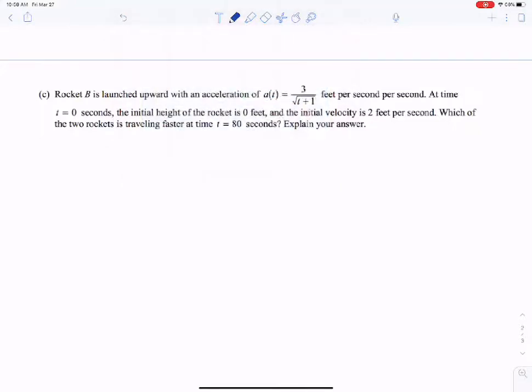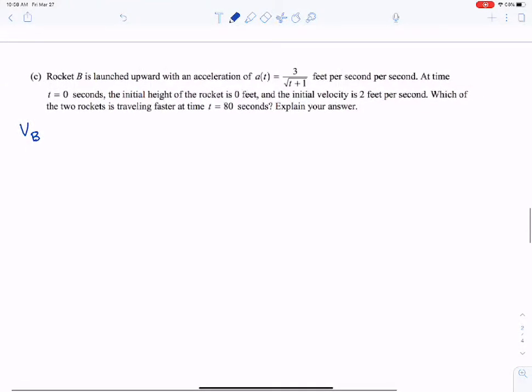We have rocket A, rocket B. We want to know which velocity. So V of A is the velocity of rocket A, and V of B represents the velocity of rocket B. And at time 80, which of those is faster?